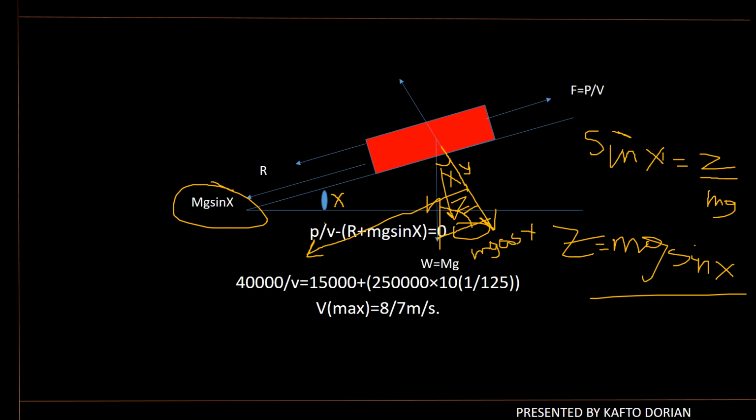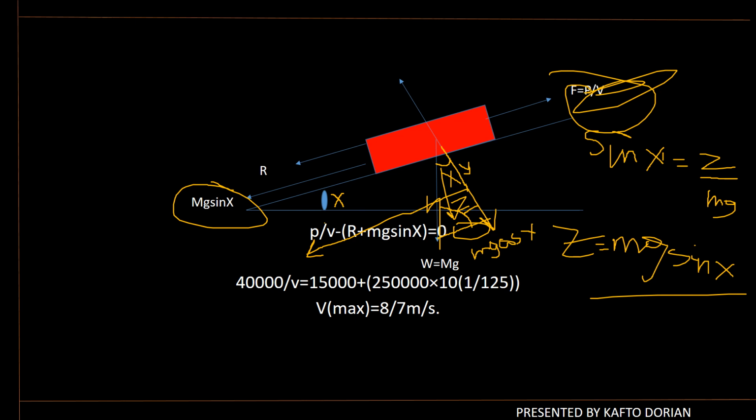Let us proceed. So you realize that the force that is acting here, the net force, P/V, minus the two forces that are acting downward, we sum it and we subtract. So let me take it over. We take the force of the engine minus the sum of the downward forces to be equal to 0. Why?